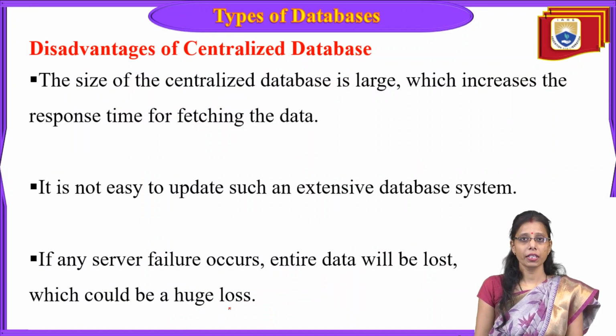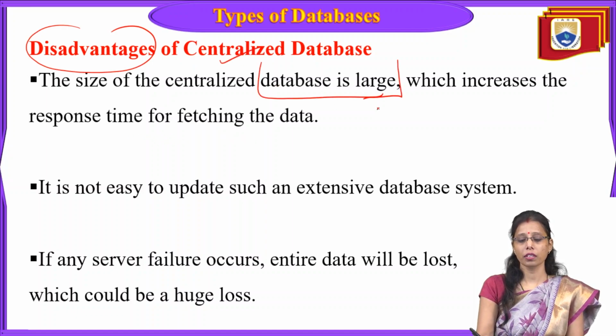Now, what are the disadvantages of the centralized database? The size of the centralized database is large, which increases the response time for fetching the data. The major disadvantage is that the size of the database is large because it has a huge amount of data from all the sources and all the departments.